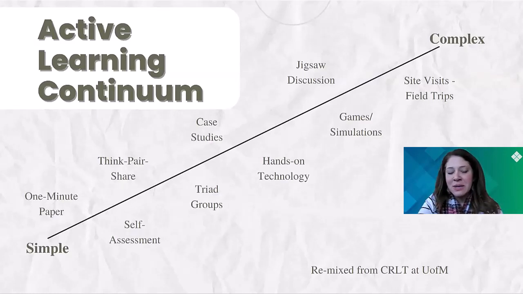But if you can just commit to 1 or 2 class sessions each semester that you're trying to strategically see where active learning strategies could fit, or maybe that's when you spend that semester really making one complex active learning activity for your students, and then you can reuse it in future ones. So we know that it can be a little bit of an extra workload for some of these, but putting in that work up front really can save you a lot of time down the future, and obviously help our students be more successful in all of our classes.